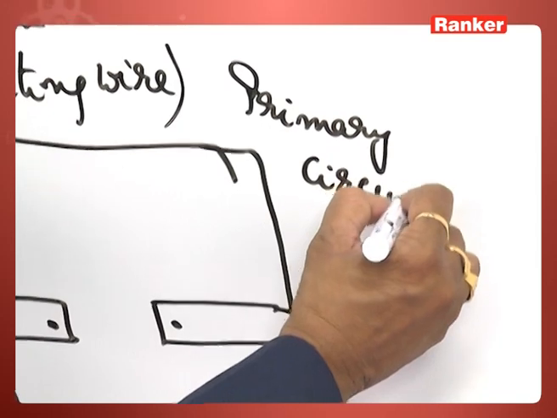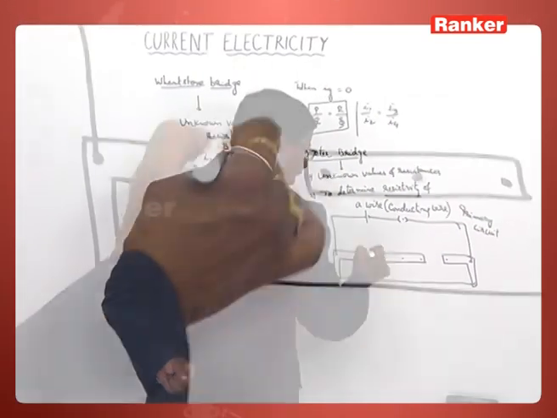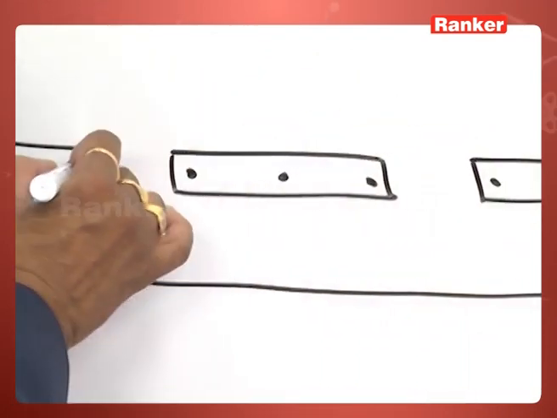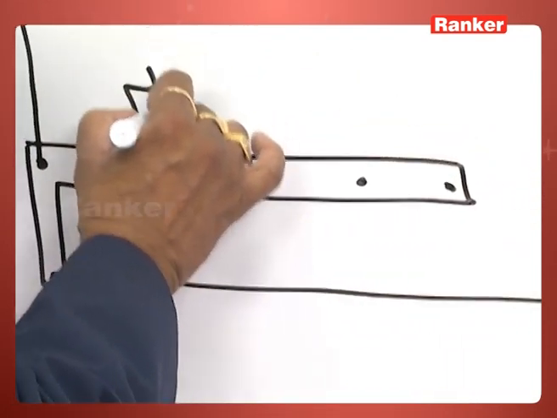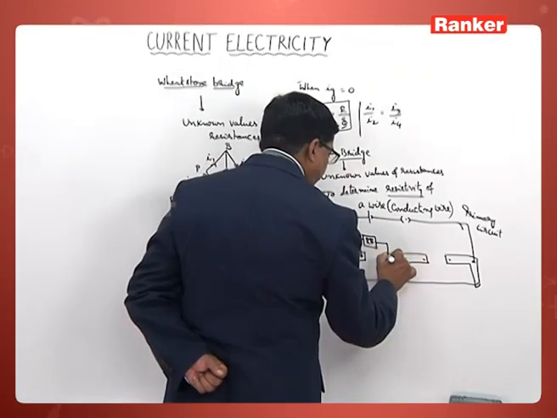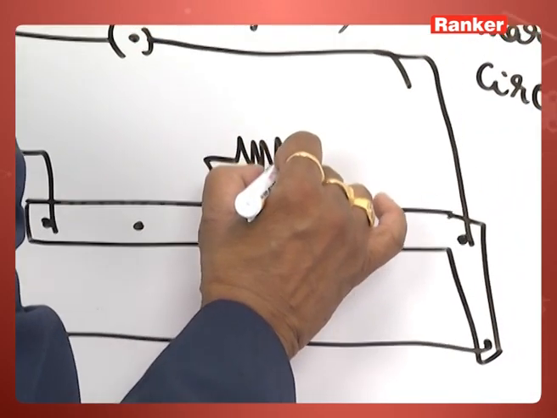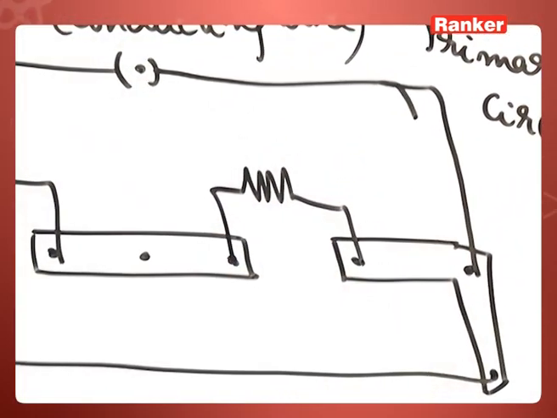This is the primary circuit. This is what we call the left gap of the meter bridge, and this one is the right gap. In the left gap, we connect a resistance box. In the right gap, we connect the wire whose resistance is to be determined.